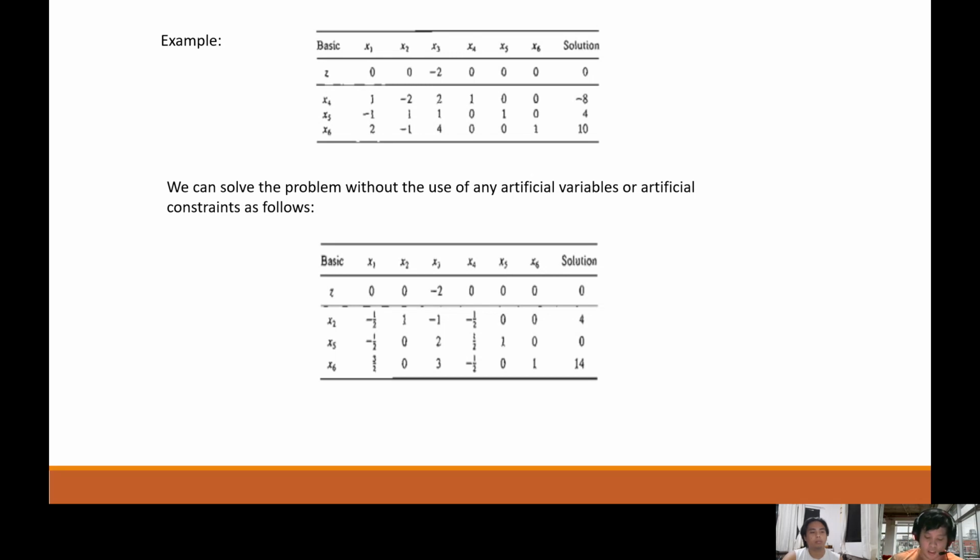In the present example, x2 has a negative coefficient in the x4 row and is selected as the entering variable. The result is the following tableau. The solution in the preceding tableau is now feasible but non-optimal, and we can use the primal simplex to determine the optimal solution.